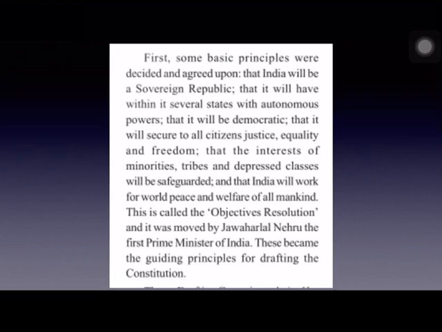India will work for world peace and welfare of mankind. All these objectives of the Constitution were agreed upon by all the leaders. And this is called the Objectives Resolution. It was moved by our first Prime Minister, Jawaharlal Nehru. And these principles became guiding principles to draft the Constitution.